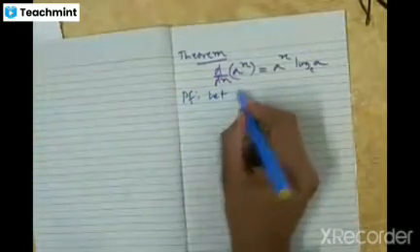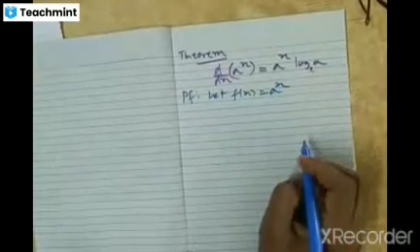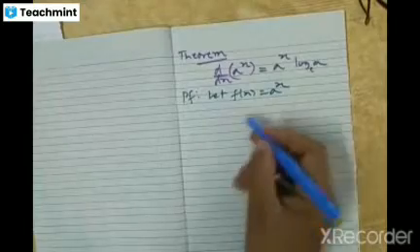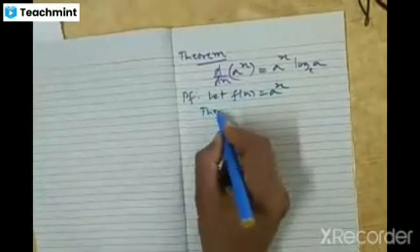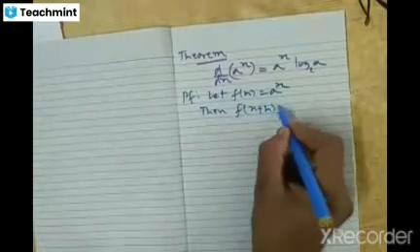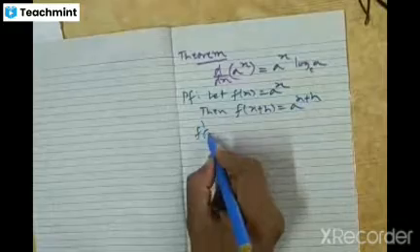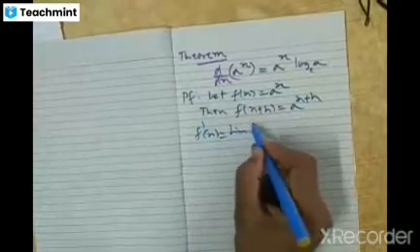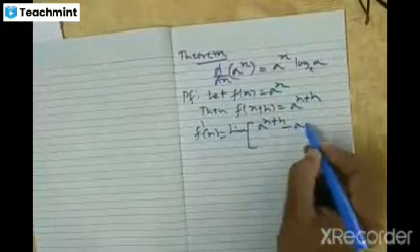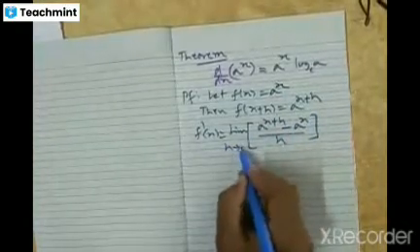Let f of x be a power x, then f of x plus h is a power x plus h. Then by definition of derivative, f dash of x is limit of a power x plus h minus a power x divided by h as h tends to 0.